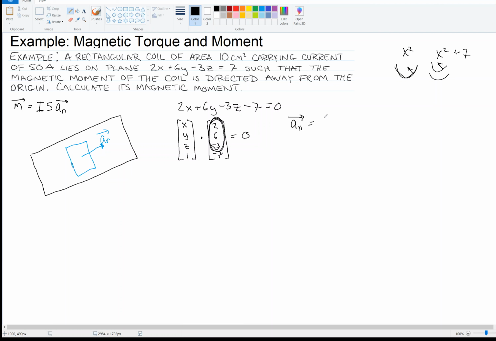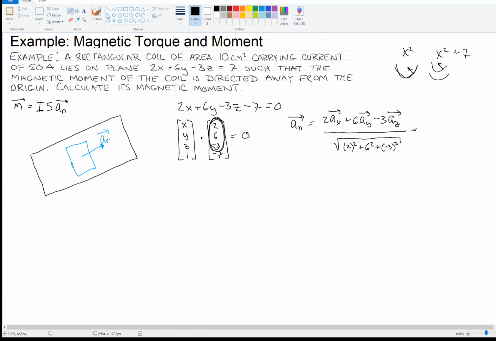Well, we would take 2a_x plus 6a_y minus 3a_z, and then what do we have to do with that vector? Divide it by its length. So its length would be the square root of 2 squared plus 6 squared plus minus 3 squared.